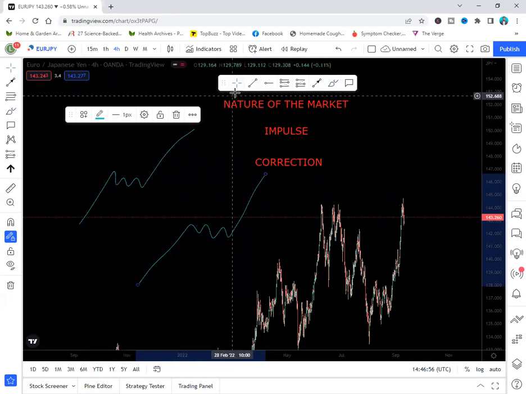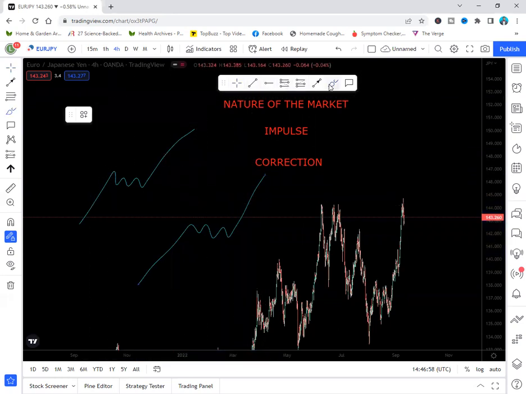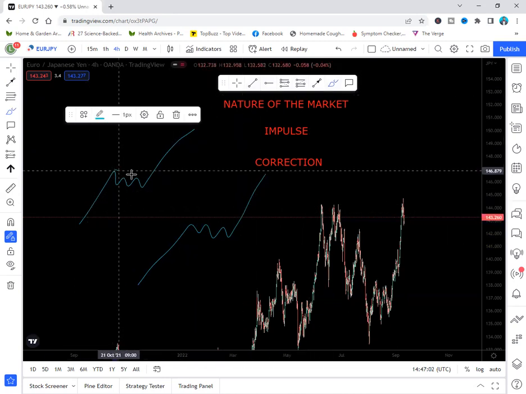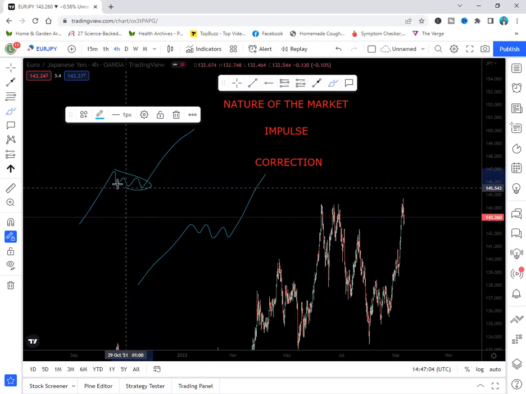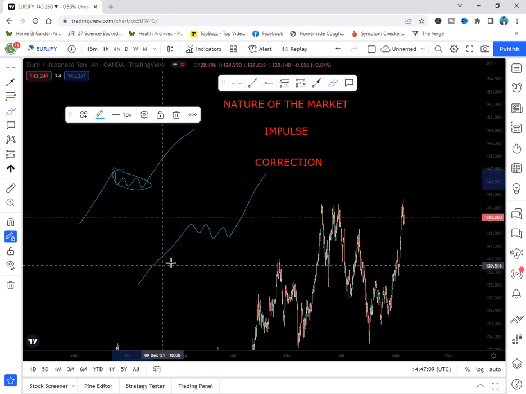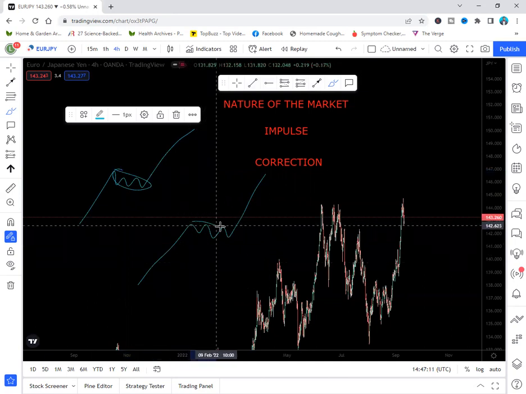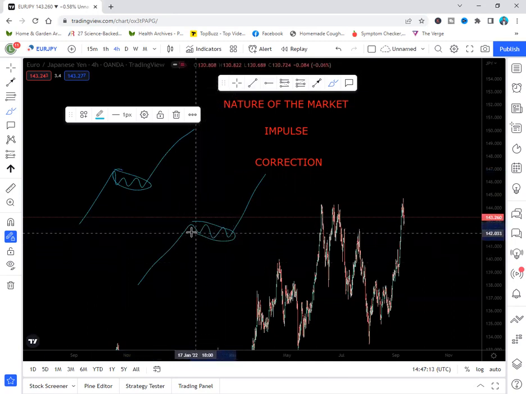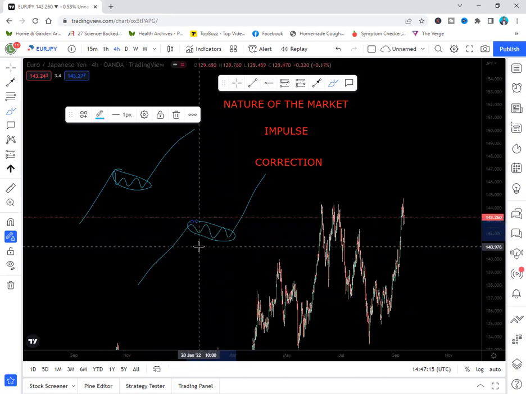The long side of the market becomes an impulse, and the place where the market consolidates becomes correction. So the market is always making impulses and corrections, and you will see this in all time frames.